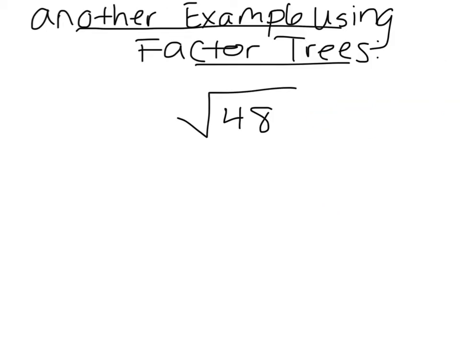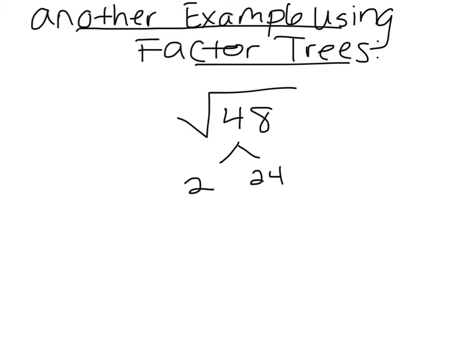Let's take a look at another example using factor trees. I have the square root of 48. I want to simplify it, so I'm going to break 48 up into its prime factors. I personally always like to start with 2 because I know 2 is a prime number.